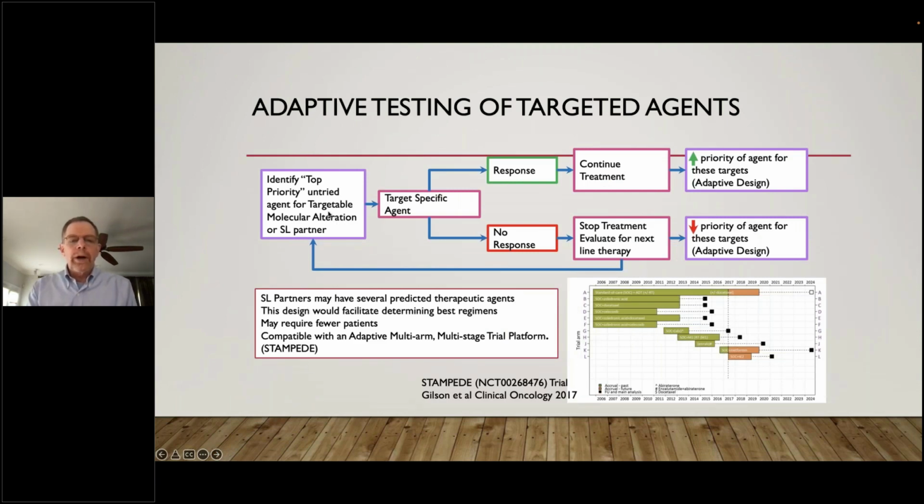You take the top priority from your synthetic lethal evaluation, you do a target specific agent. If you see a response, you continue treatment, and in adaptive design, this gets a high priority. If there's no response, it gets a lower priority, and that adaptive design is used in the context of synthetic lethality to find actually the best agents, very similar to STAMPEDE.